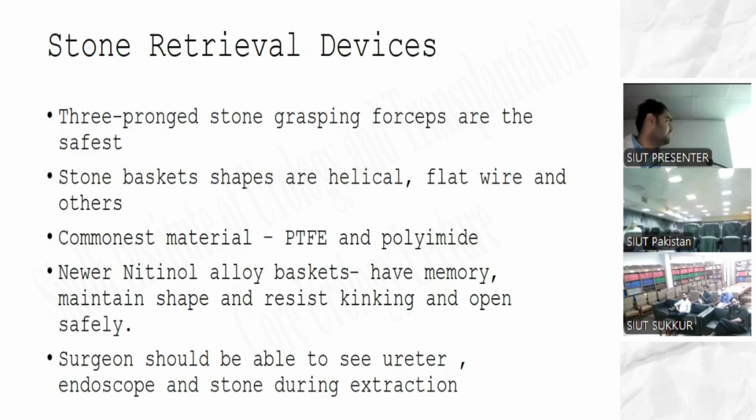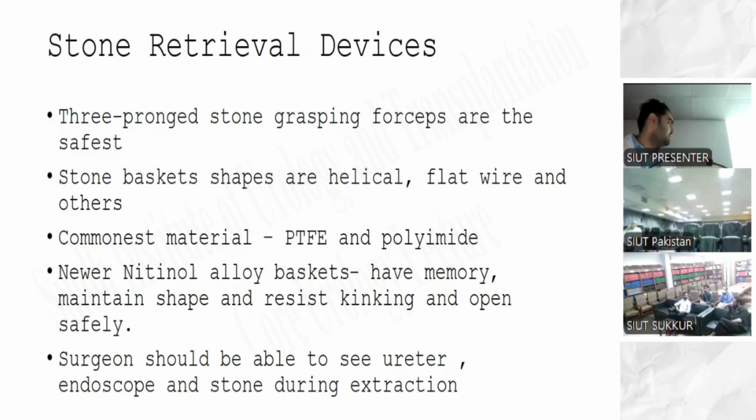That means when we approach the stone, in order to prevent retropulsion, the basket is deployed, and the nitinol helps the basket regain its shape. It will prevent kinking, and it will open safely.